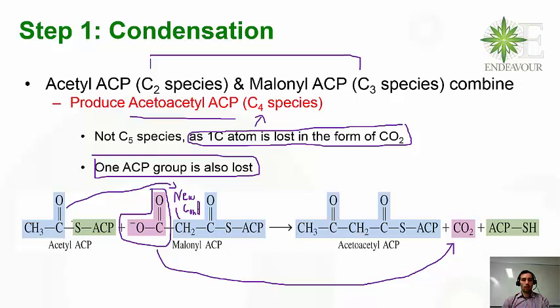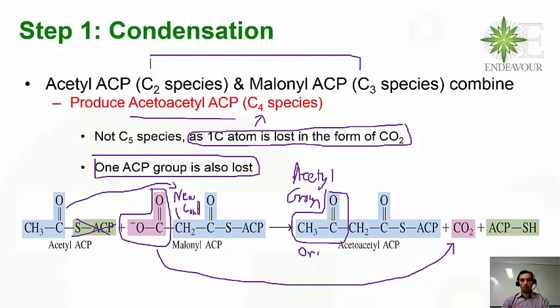So we have the ACP unit from the acetyl ACP being lost, and then we can get the fusion of these 2 groups in blue here. So we have that acetyl group, which is here, and this acetyl group was originally a part of the acetyl ACP.